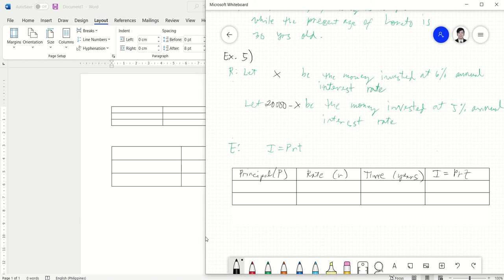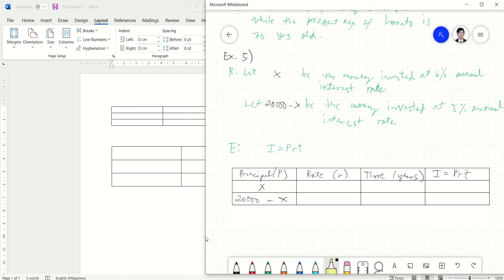Okay. So, based from the representation, dito natin ilalagay yung money na na-invest at 6% annual interest rate. So, yung money na ginamit dito, hindi pa natin alam, but we represent it already with X. Yung pangalawa naman, 20,000 minus X. Ano yung rate ng yung may principal amount na X?